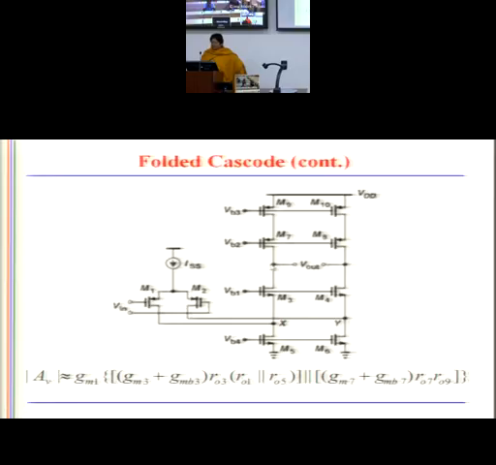Apart from this, which other node can give you a dominant pole? Which node has the potential to introduce a dominant pole? Do we have any other node? What is the R out at this node? It would be ro down, it would be ro parallel ro.